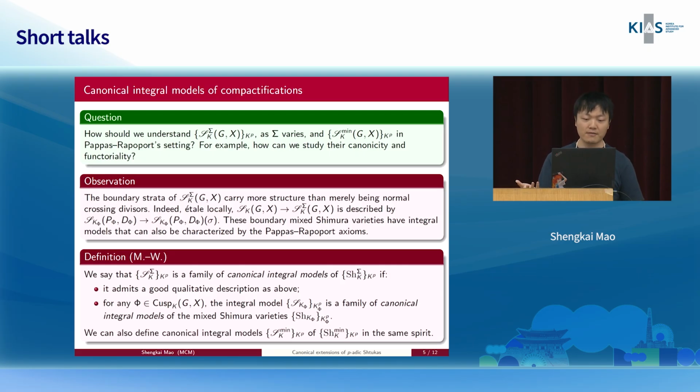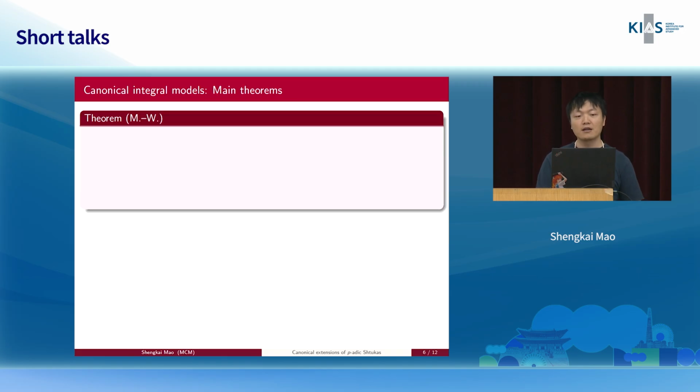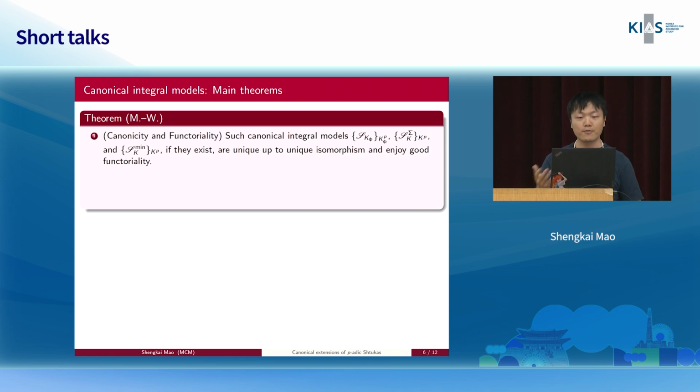And we also define the minimal compactification in the same spirit. So first we have to justify the name. Why do we call it canonical integral model? We prove that such models for mixed Shimura varieties, for toroidal compactifications, and for minimal compactifications, if they exist, are unique up to unique isomorphism, and they have good functoriality. So we call these canonical integral models.